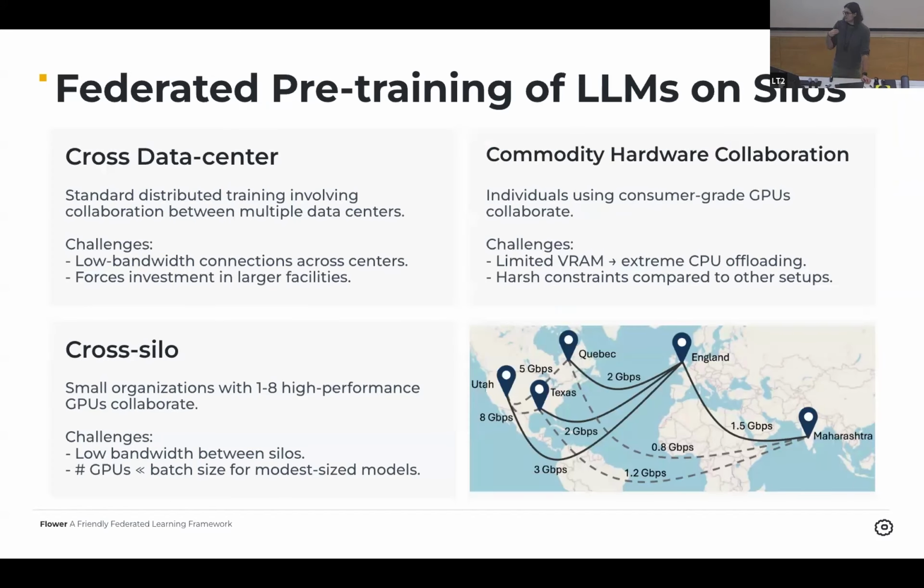Now, what we proposed with the Photon system, that I will discuss in a bit, is to execute federated pre-training pipelines of large language models on silos. So on these emerging distributed scenarios that are briefly summarized here.